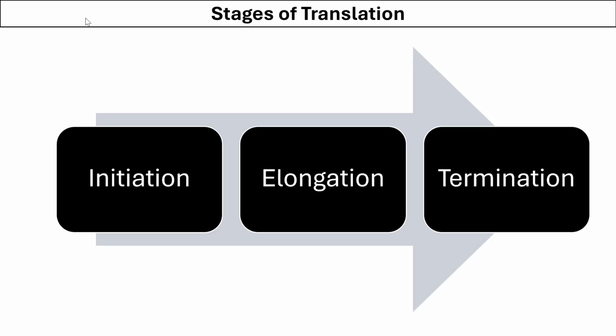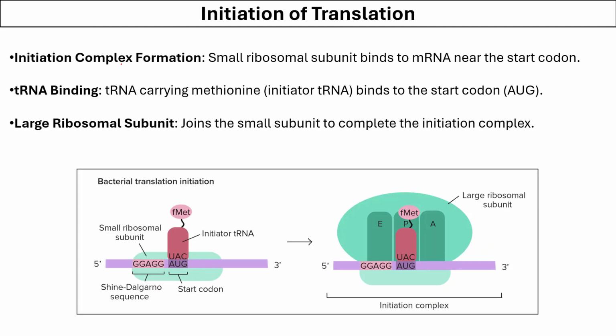Now, just like transcription, there are 3 stages of translation: initiation, elongation, and termination, because now you are trying to build a polypeptide chain. At the start of translation, first a small ribosomal subunit will come and sit on the mRNA strand.